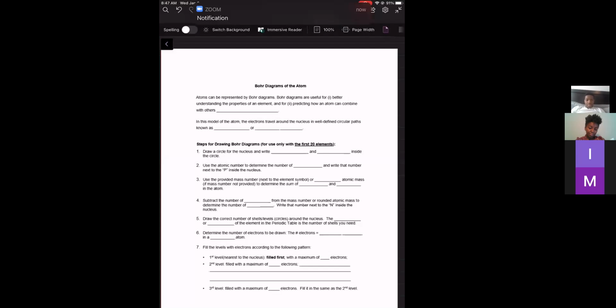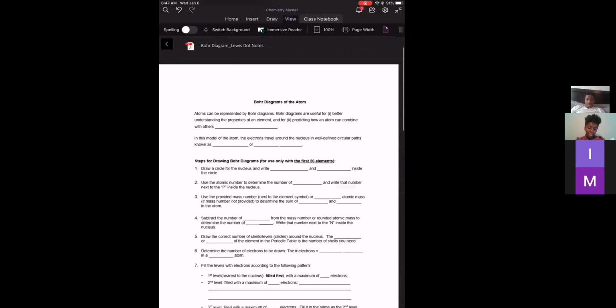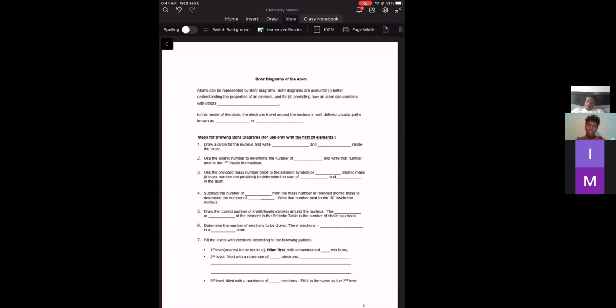All right. So we are on this Bohr diagram of the atom, okay? And one of the things that we didn't talk about a lot is the different versions or models of the atom, okay?